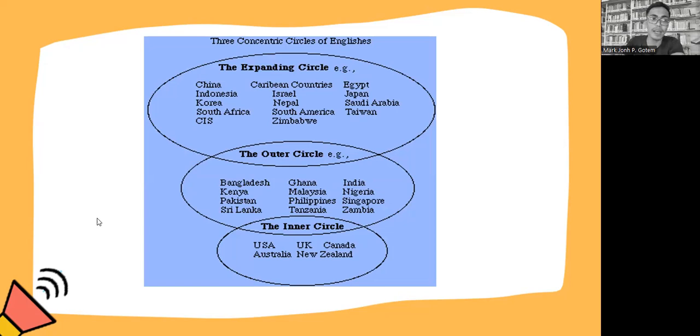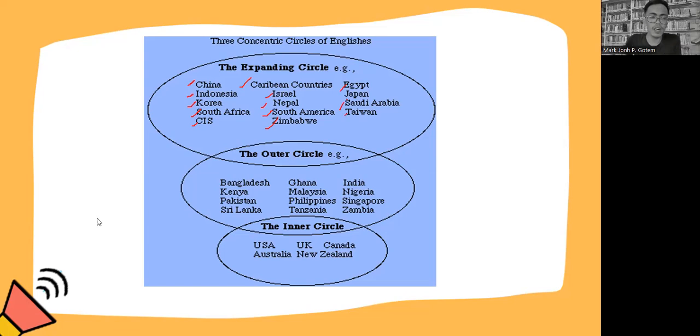So mao ni ang mga countries nga belong sa expanding circle: China, Indonesia, Korea, South Africa, CIS, Caribbean countries, Israel, Nepal, South America, Zimbabwe, Egypt, Japan, Saudi Arabia, and Taiwan.